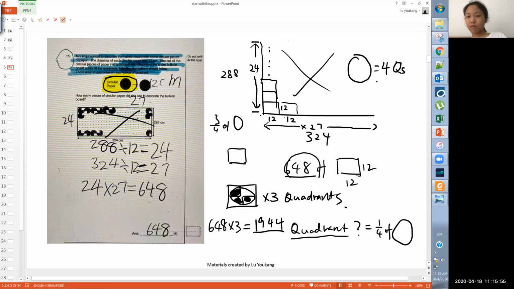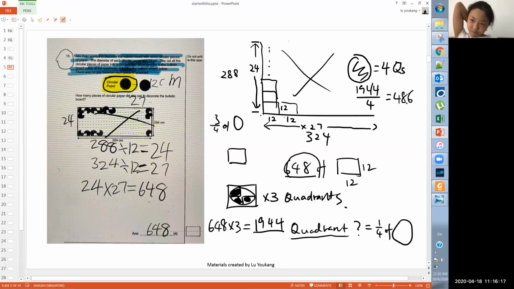So 1944 divided by 4 will be the number of pieces of this. 1944 divided by 4 should be 486, right?